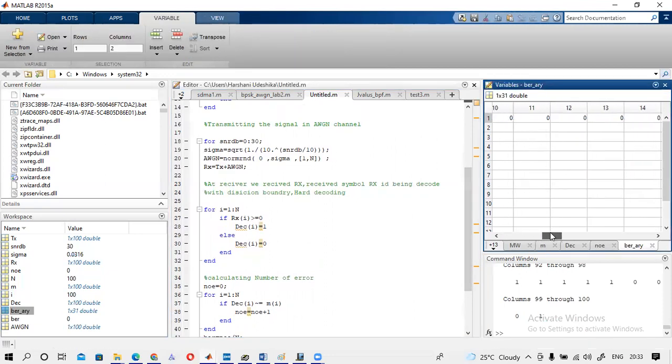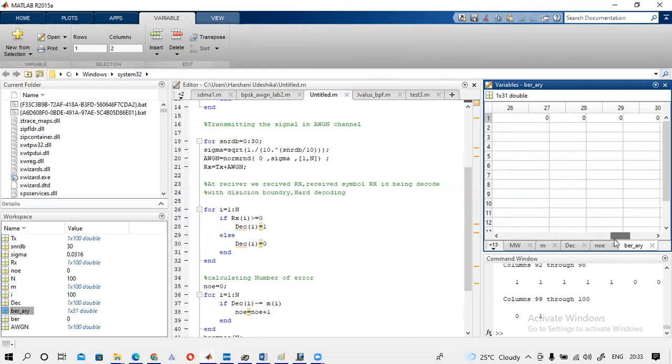Likewise, you can see that when the SNRdB value is around 9, 10, 11, the bit error rate is 0. It calculates up to 30, so here you have SNR value 30.